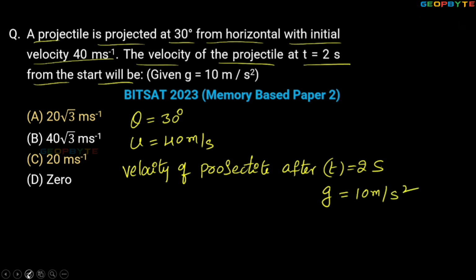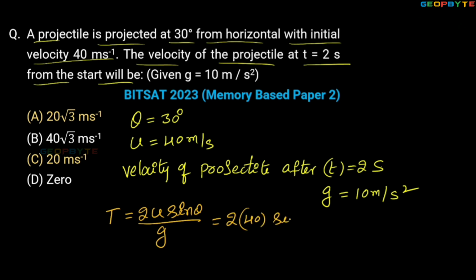For that, first let us decide the time of flight. Time of flight equal to 2u sine theta by g. It is equal to 2 into u 40 sine 30 degrees divided by g 10. It is equal to 80 into sine 30, 1 by 2, divided by 10.